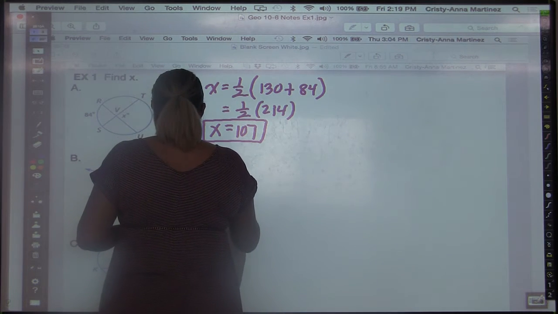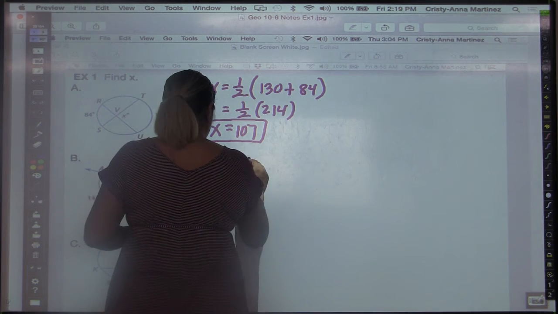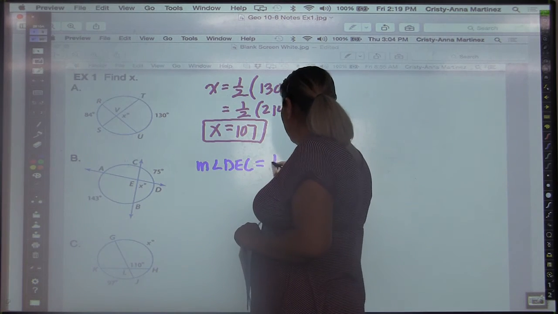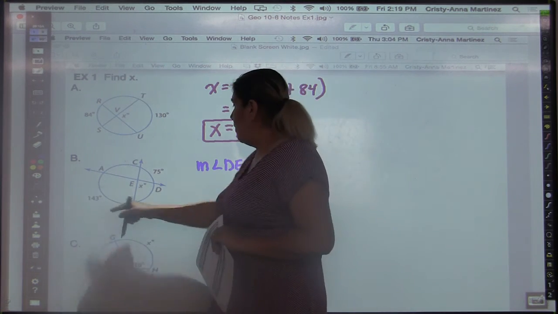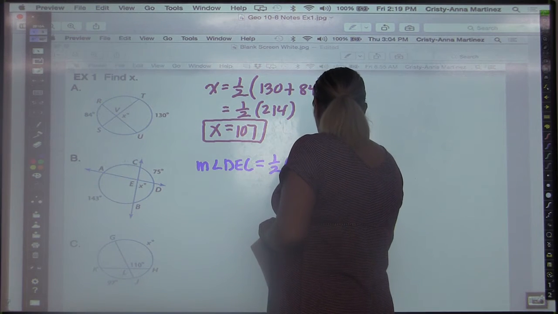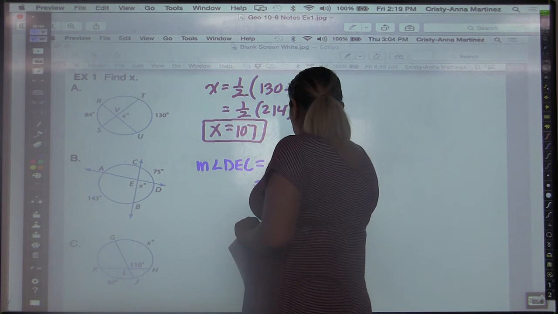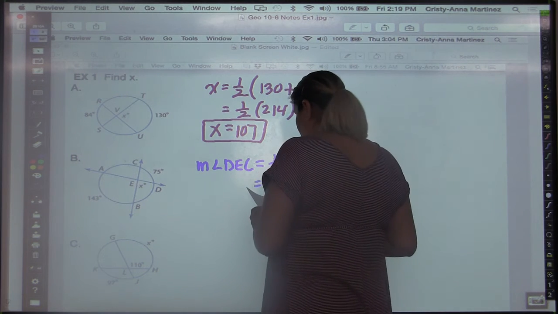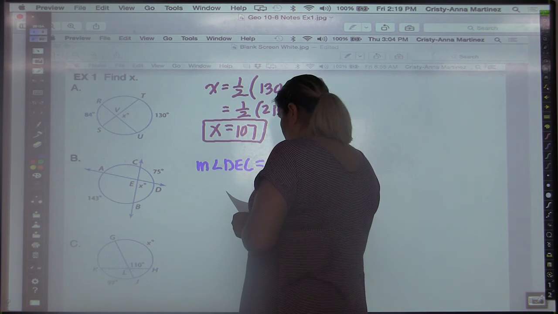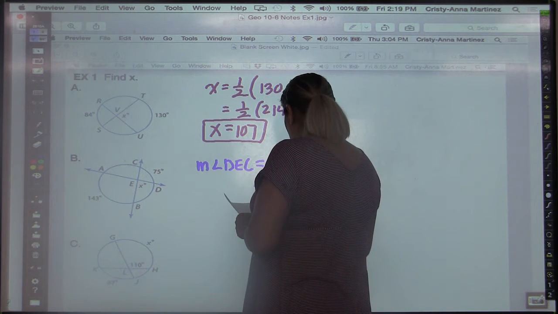First, the measure of angle DEC. This angle right here would equal 1/2 the sum of 143 and 75. 143 plus 75 is 218, and half of 218 is 109.